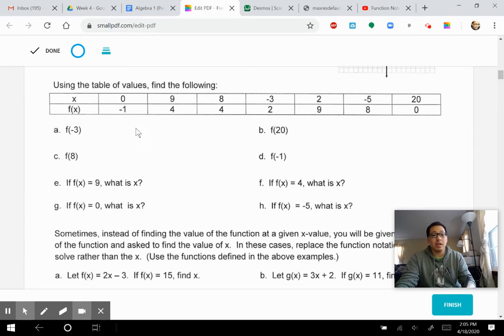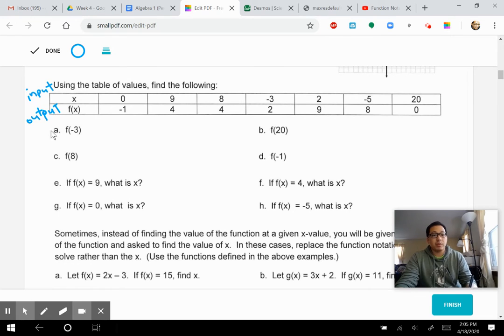We don't need an equation because we know, based on this table, for different inputs, what the output is going to be. And that's enough for us to evaluate some of these expressions in function notation.